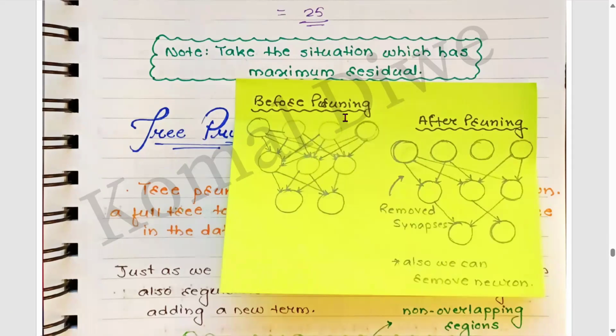Here, this node has no connection. This node is now inactive, because there is no passing of any information from this node.